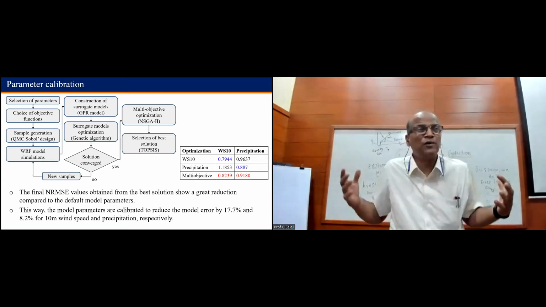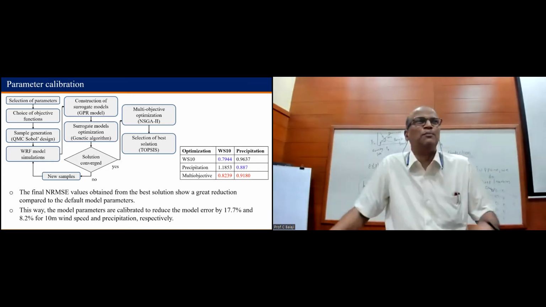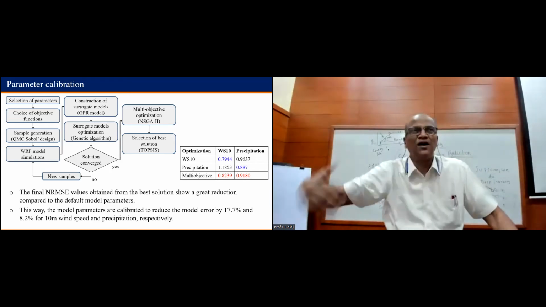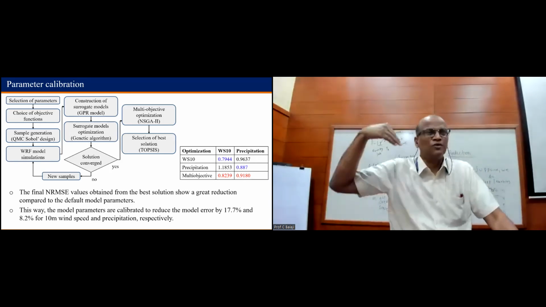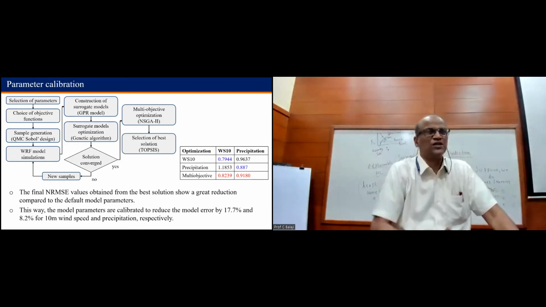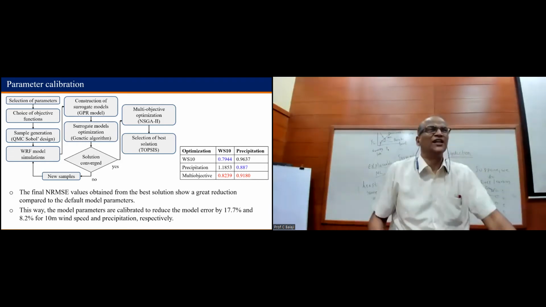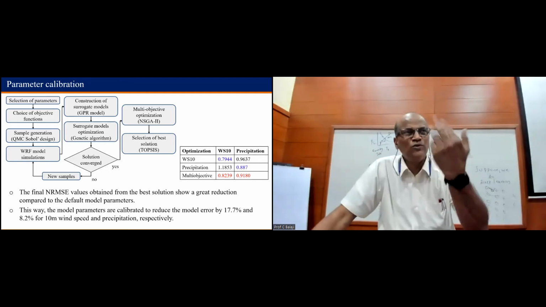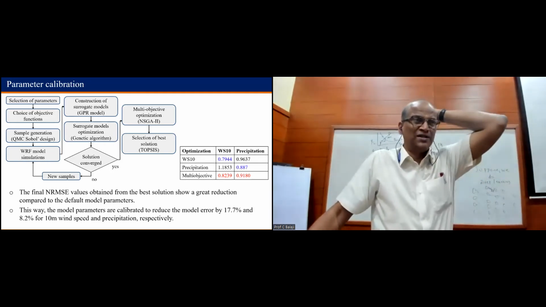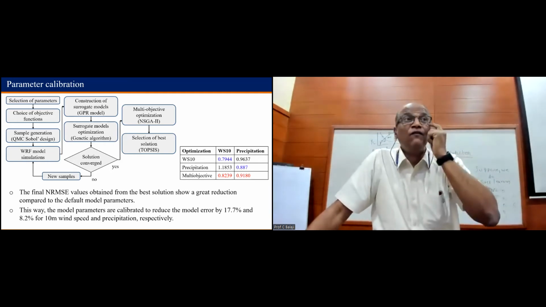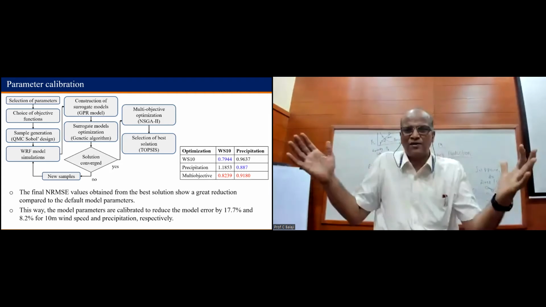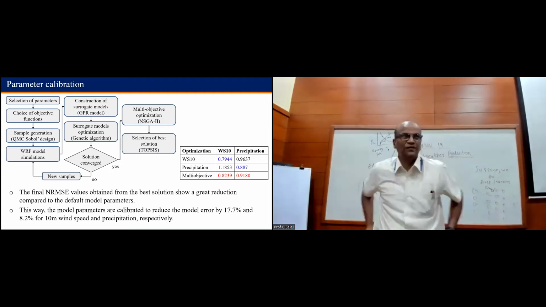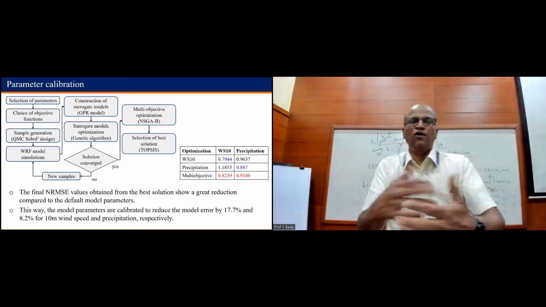If these numerical simulations use a lot of parameters that have to be calibrated to get a better forecast, look at some benchmark or a truth. So run repeated simulations, build a surrogate, then use some optimization technique to arrive at the best set of parameters. Now you run the best set of parameters for some other case which the model has not seen, and see whether it performs well. So this is one way of proceeding further.